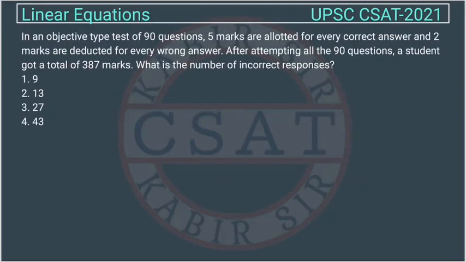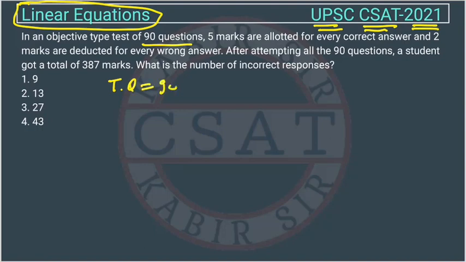So this is a question taken from chapter linear equation asked by UPSC in CSAT exam of 2021. In an objective type test of 90 questions, total questions are 90. 5 marks are allotted for every correct answer.